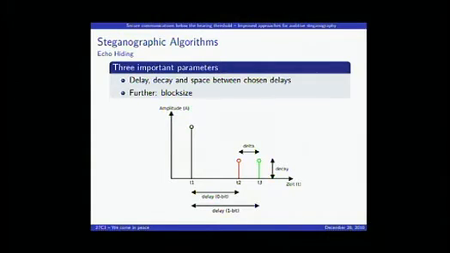Another thing mentioned here is the block size. Of course, you can't take one sample from the audio signal and introduce an echo. So you choose, for example, 20 milliseconds and introduce an echo every 20 milliseconds. The block size gives you the data rate more or less.